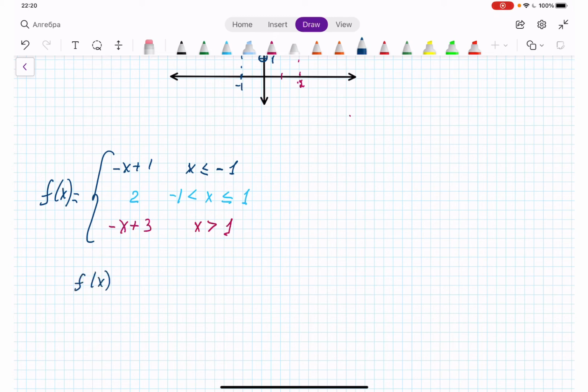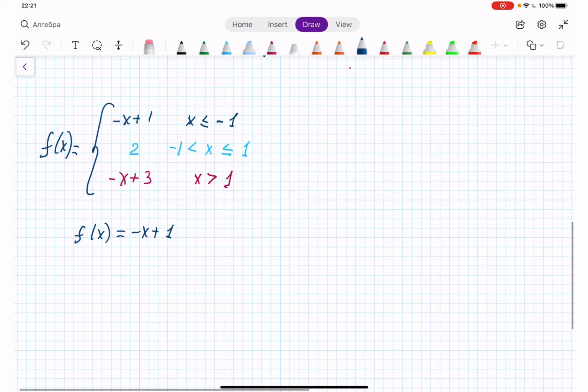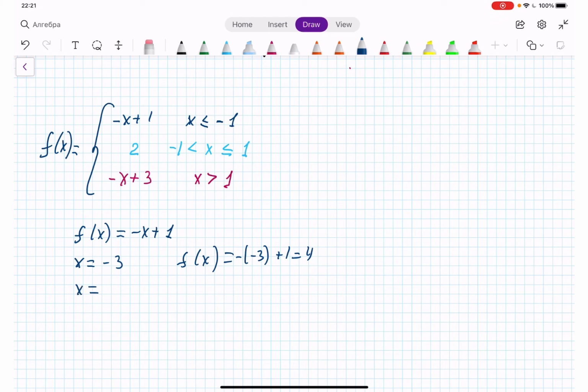f of x is equal to negative x plus 1. So when x is equal to negative 3, f of x will be equal to 4, right? Because negative 3 is going to be positive 3, okay. Next, x is equal to negative 1.